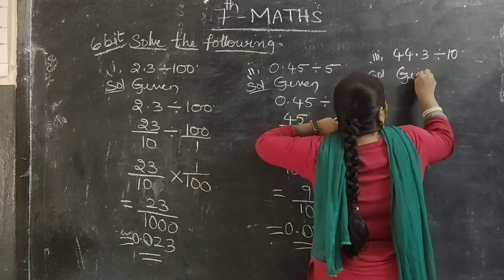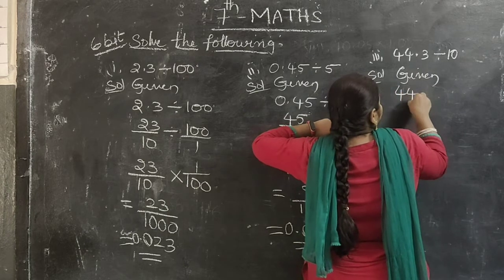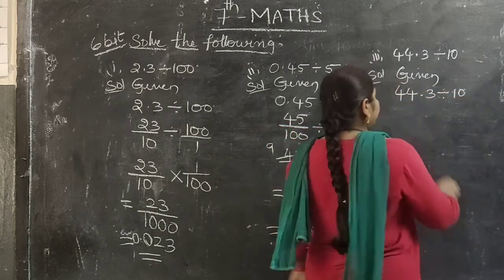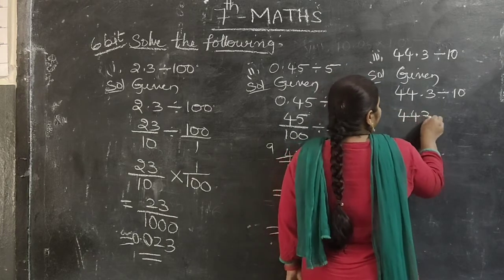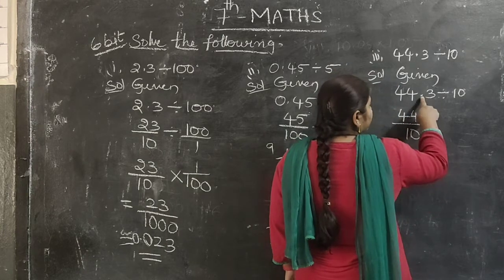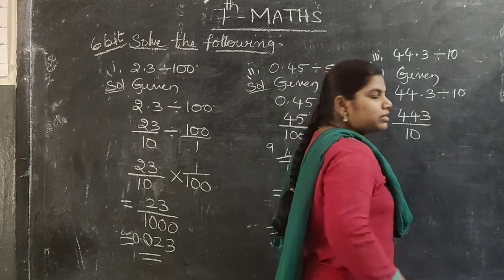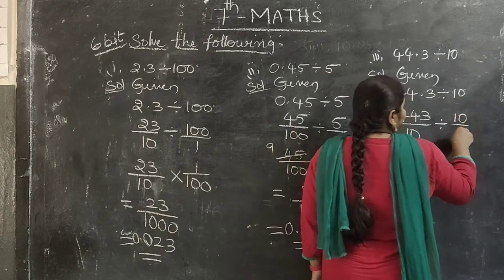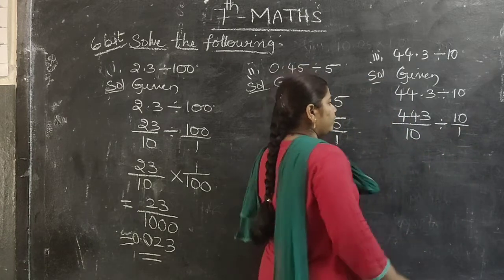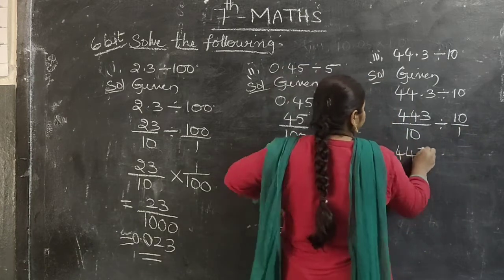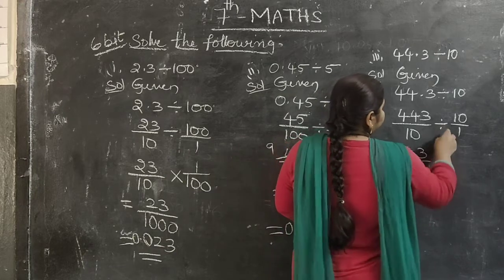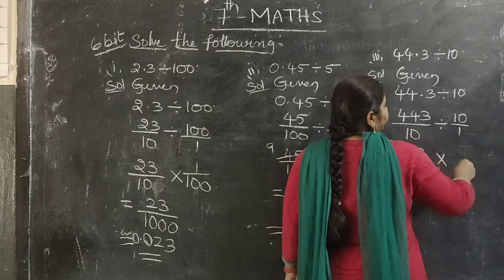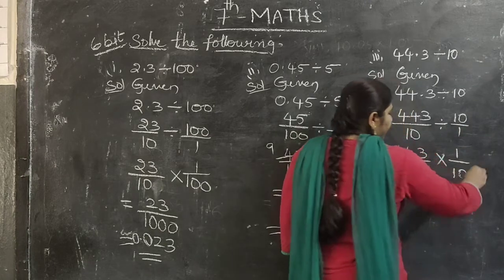That is, given 44.3 divided by 10, this value we can write in the form of 443 by 10, because after the point we have only one digit, divided by 10 can be written in the form of 10 by 1. Now how to divide 443 by 10? This division will be converted into multiplication and this term will be flipped, that will be 1 by 10.